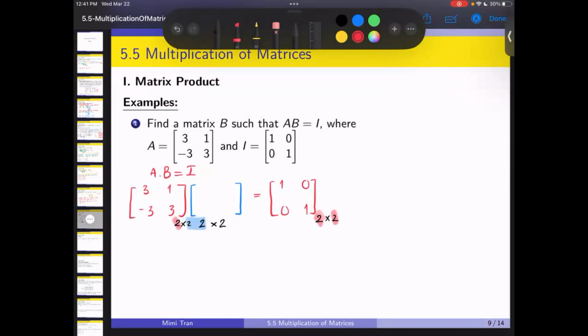Which coincidentally is 2 by 2. Sometimes it can change: if the right-hand side is not I, it could be something else, and B doesn't have to be 2 by 2. It could be 2 by something.